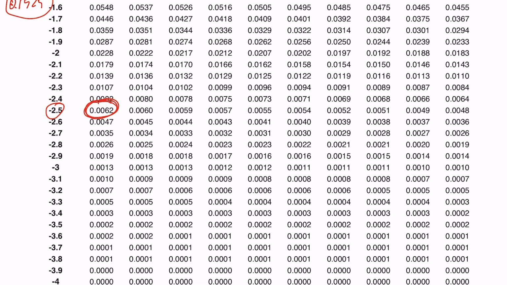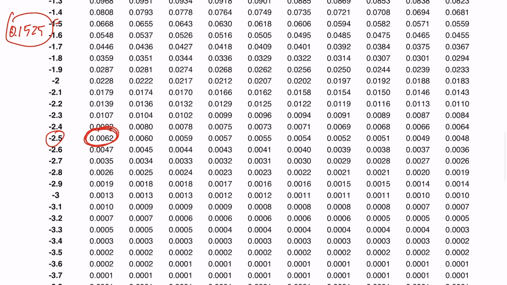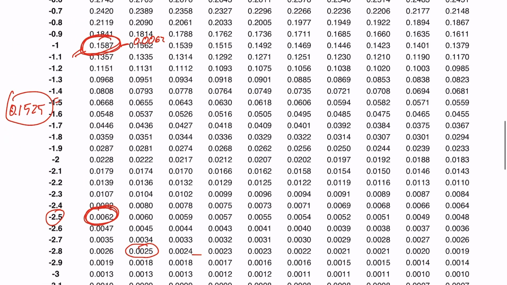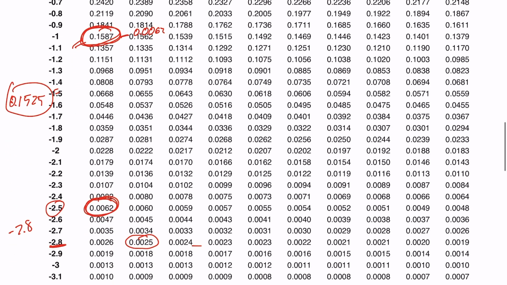Remember, the body gives me the areas. 0, 1, 3, 1, 3, 2, 1, 2, 2, 2, 3, 2, 4, 2, 5. There it is, 0.025. What is that? That is negative 2.8, right? Negative 2.81. So negative 2.81 gives me that area.